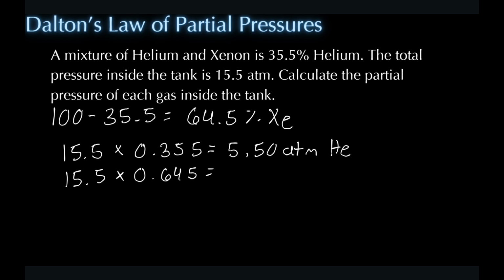Going ahead and taking a look at this, we are going to get 9.99, which we are going to go ahead and round to 10.0 atmospheres of our xenon. So those two right there are going to be our answers.